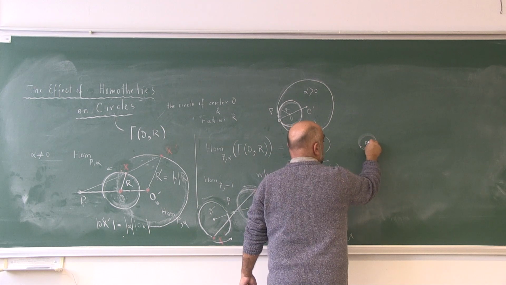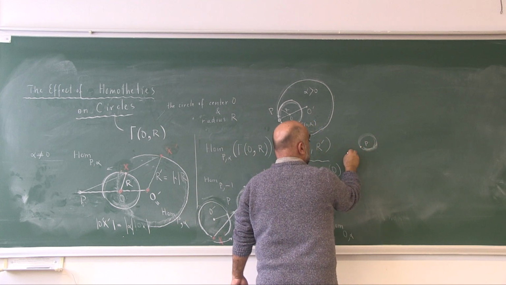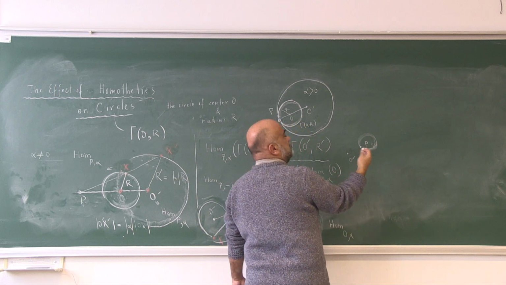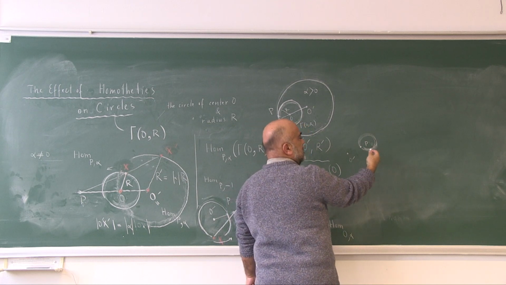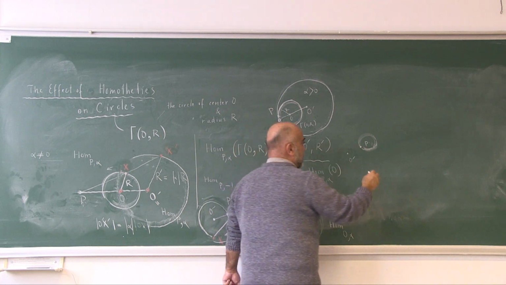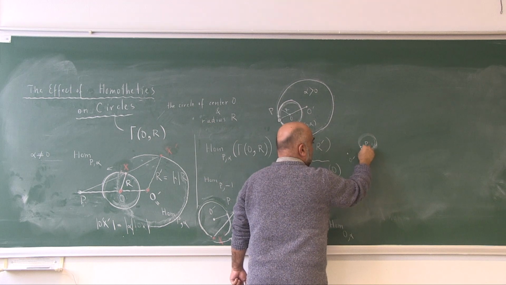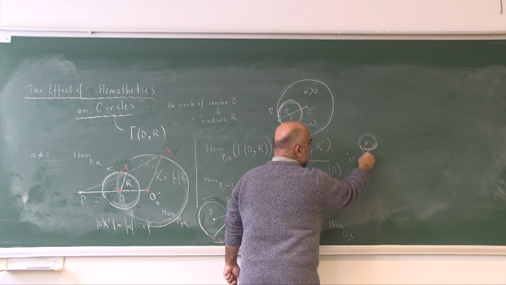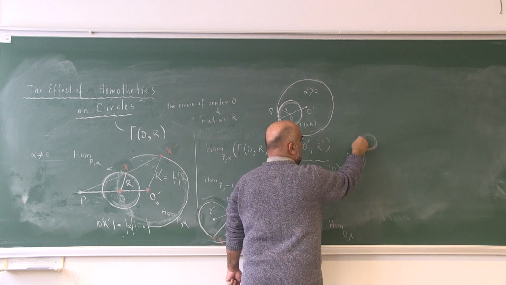So the center O is mapped into a center somewhere here. I'm drawing a picture in which the ratio of similitude is something like -1.5. So you get something like this, and you obtain another circle that is tangent to the original circle.